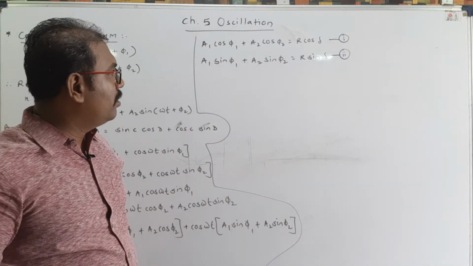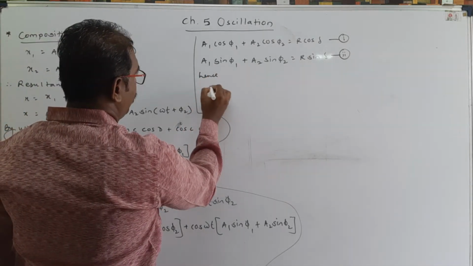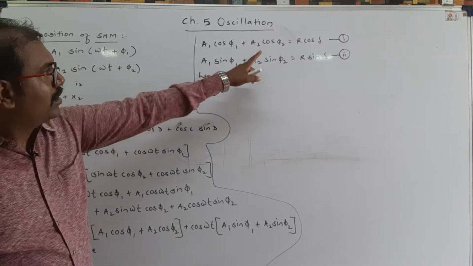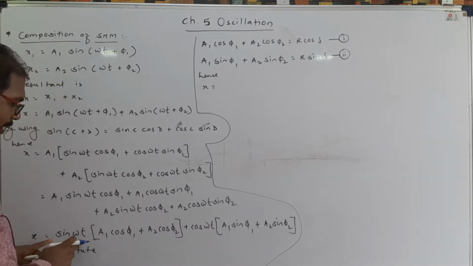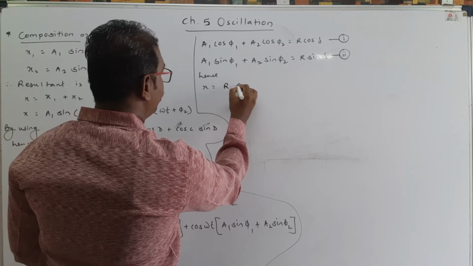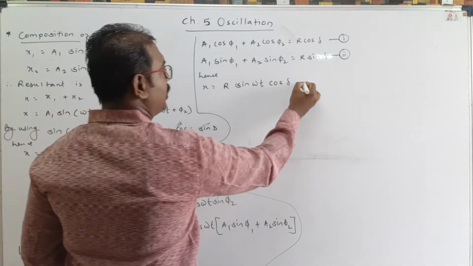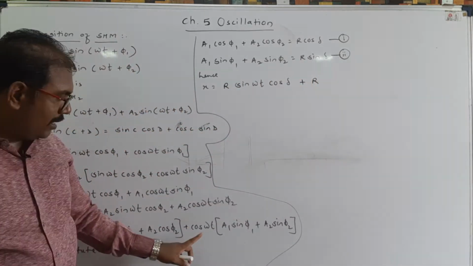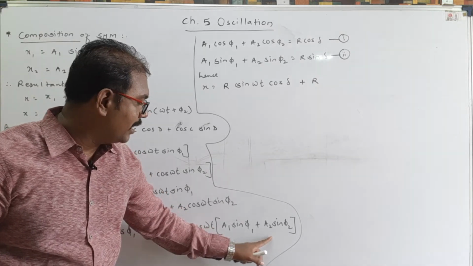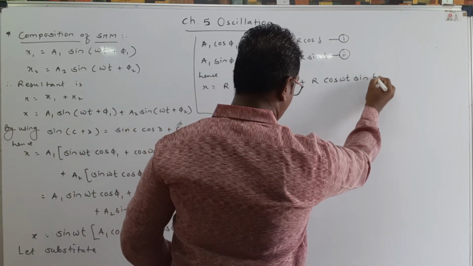So by using equations 1 and 2, if I substitute these two equations in this, we get the resultant displacement x is equal to R sin omega t into R cos delta, plus R cos omega t into R sin delta, that is R sin delta.